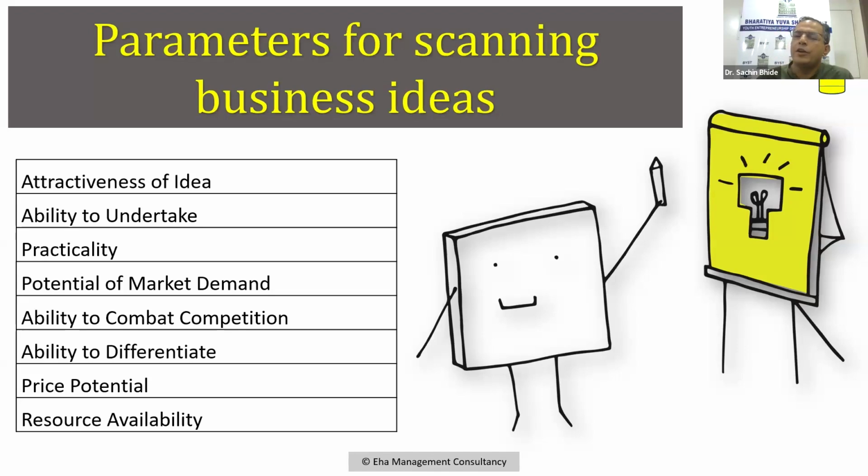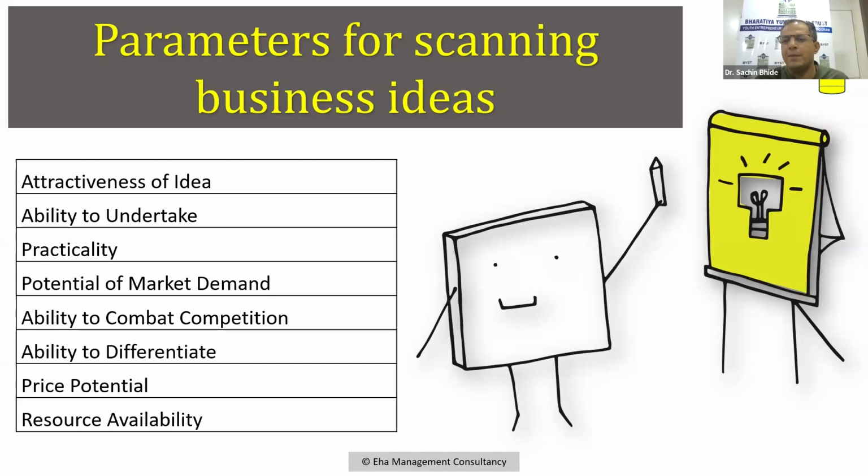Let's say an entrepreneur comes out with the idea of a new soap. Do you think it's an innovative idea? By the current situation, I believe there are more than 200 or 500 varieties of soaps available.